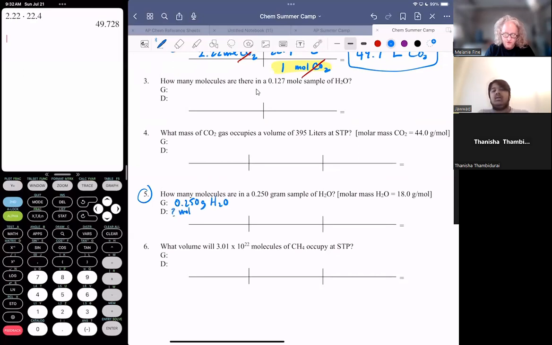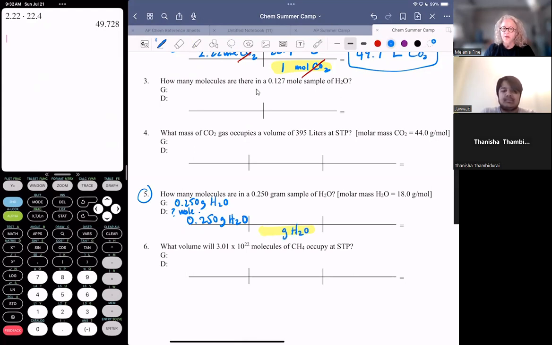Okay, so the given is always up here. So, what goes down here? The grams of H2O. Perfect.